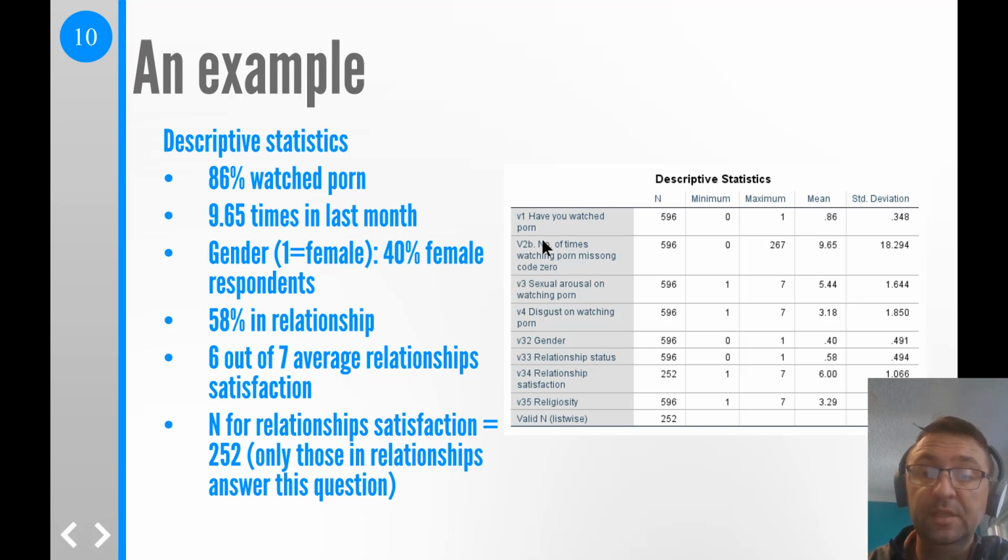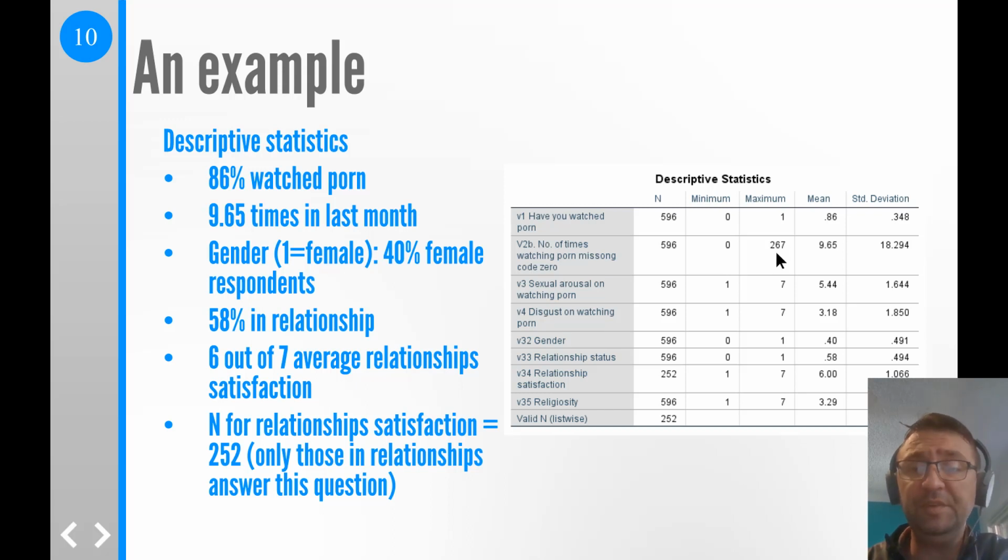Okay, fine. Number of times you've watched porn. This says a missing coded 0. You basically ignore that. That includes everybody. It just means that those who said they never watched porn were coded as a 0. Again, 596 N and minimum 0, maximum.